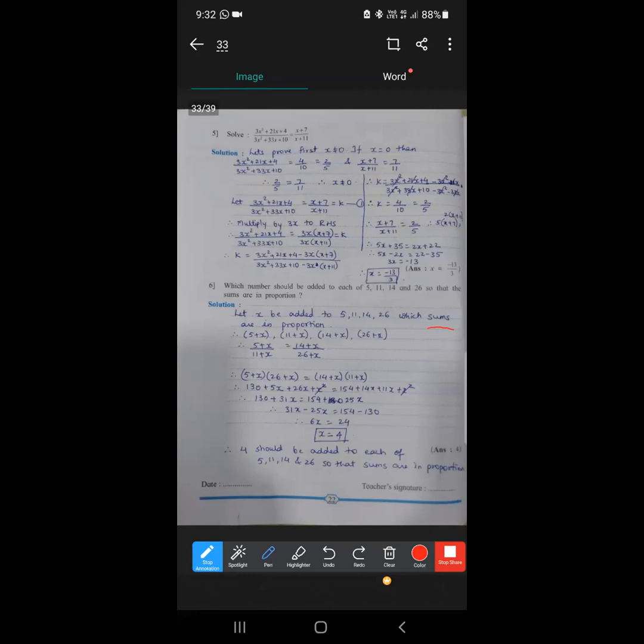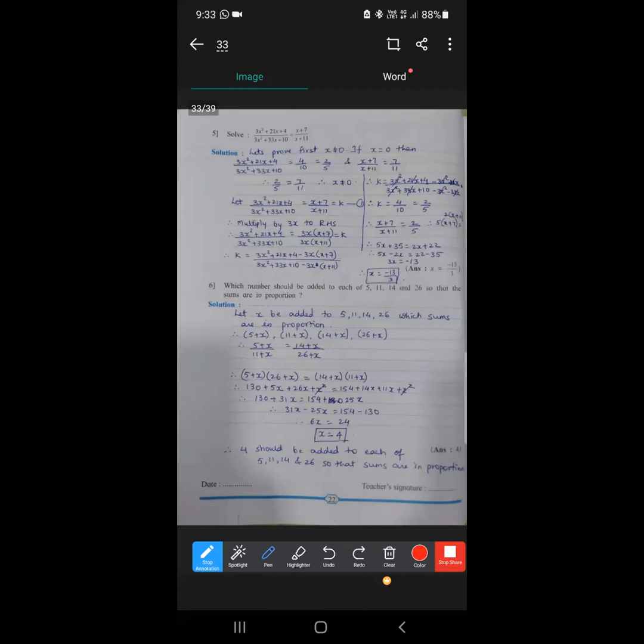So 5 plus x is the first number, 11 plus x, then 14 plus x and 26 plus x. We have added x to each number. Now they are in proportion.